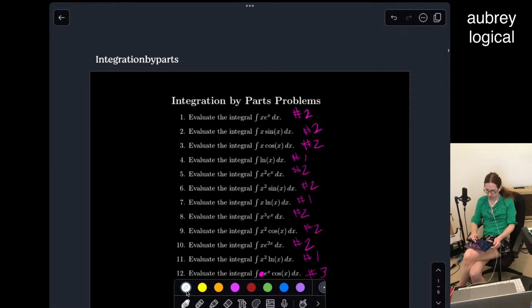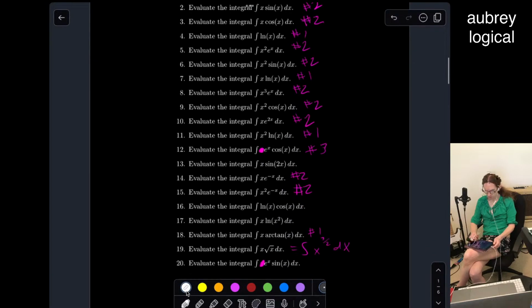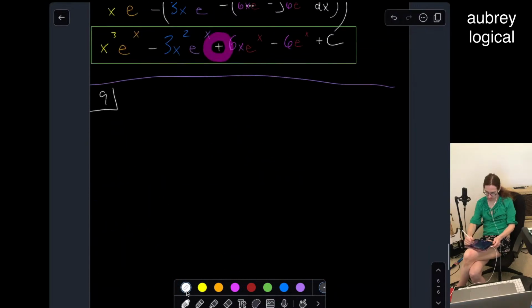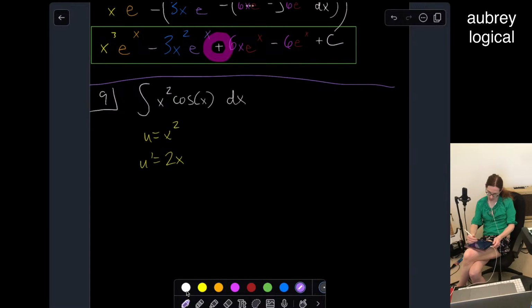Nine: x squared times cos of x dx. Okay. Plugging into our formula.